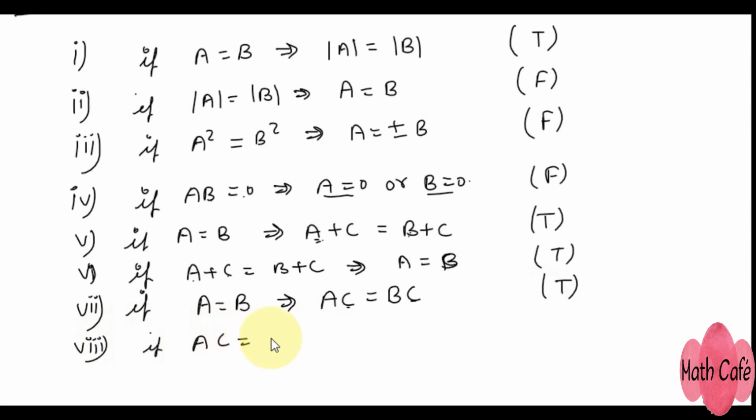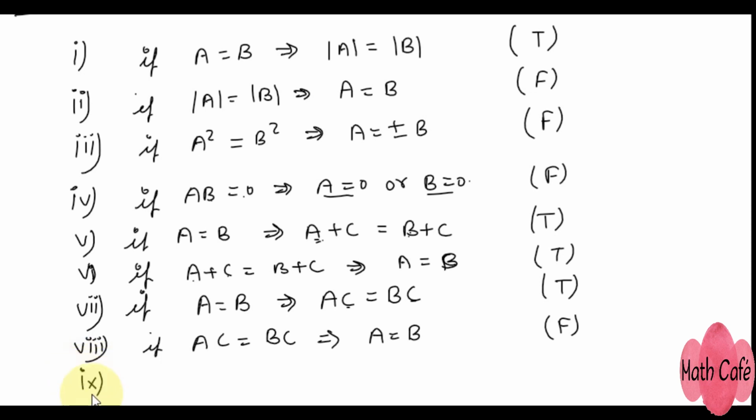In the eighth statement, it is given that if AC equals BC, that means A equals B. That is not true, that is false. We cannot just cancel the C matrix on both sides. So this statement is false.